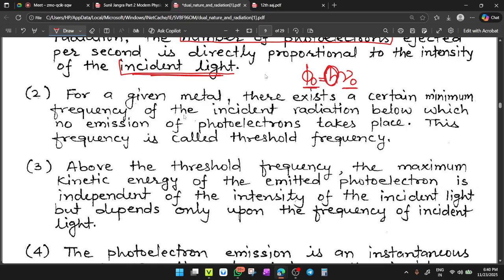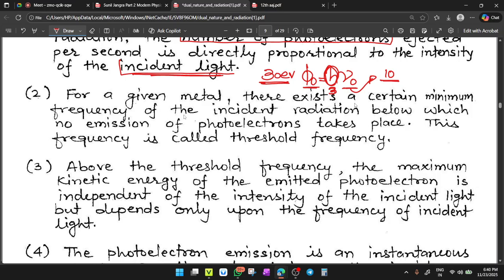Like if the minimum energy is 30 electron volt and h is like 3, then nu naught should be either 10 or more than 10, then only this multiplication will result in at least 30 electron volt. So there is a minimum frequency, beyond that the electron can be fetched out of the surface.